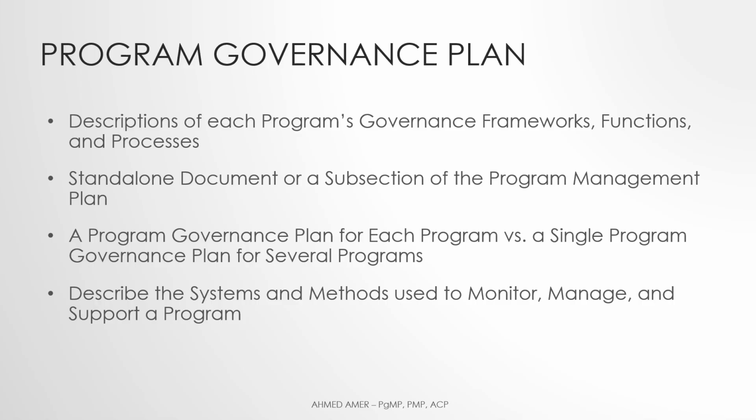It also spells out who is in charge of making sure those systems and methods are used properly and on time. The program governance plan should be easy to access throughout the entire program, so it can guide the program team in taking decisions and ensuring that everything stays in line with agreed upon rules and expectations.